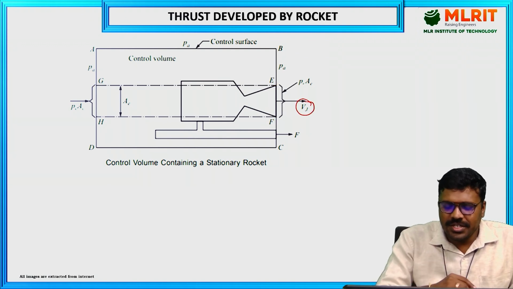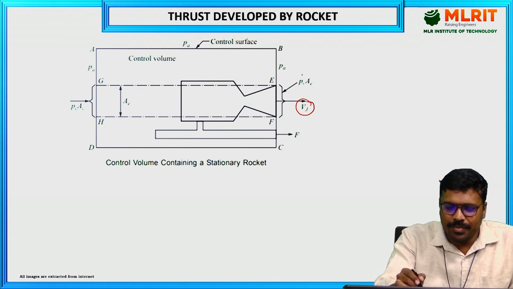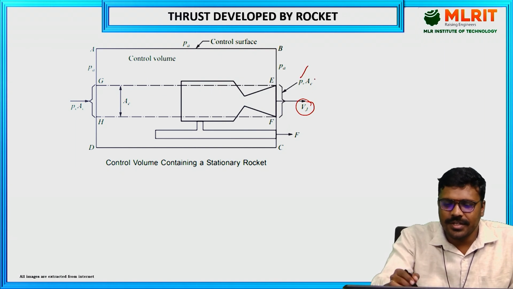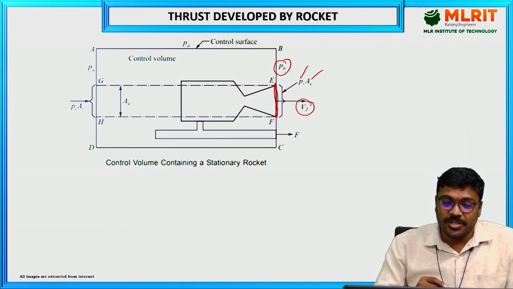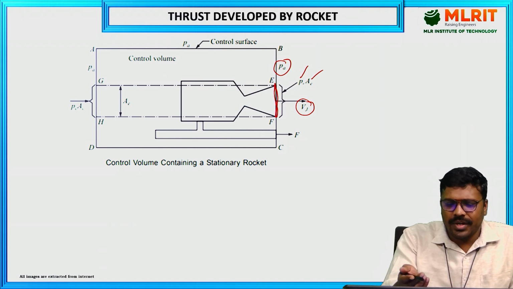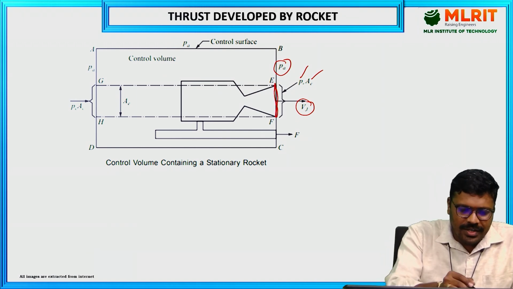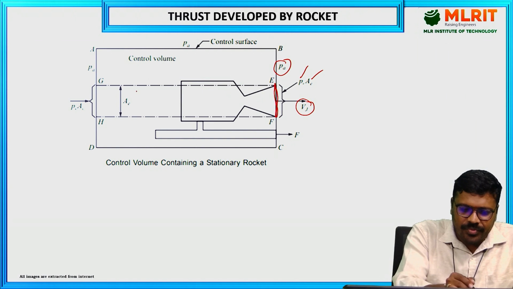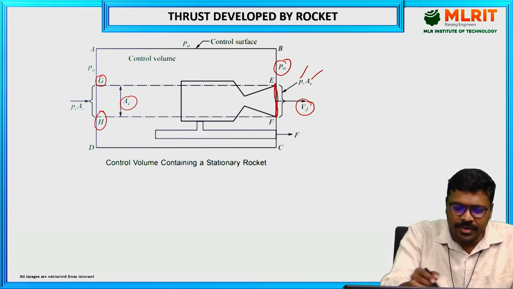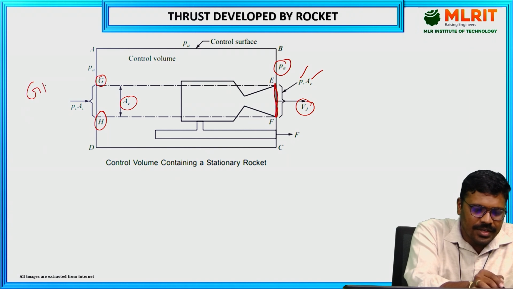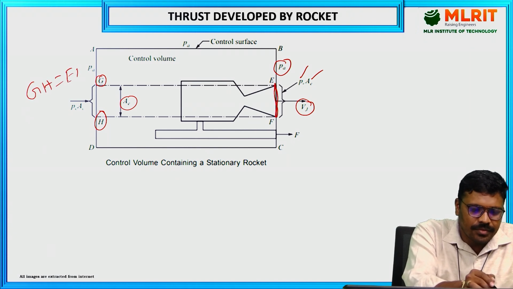Vj is the velocity of the gases, Pe is the exit pressure at the nozzle exit, Ae is the nozzle exit area, and Pa is the ambient pressure in the atmosphere. The dashed line GH is equal to EF.